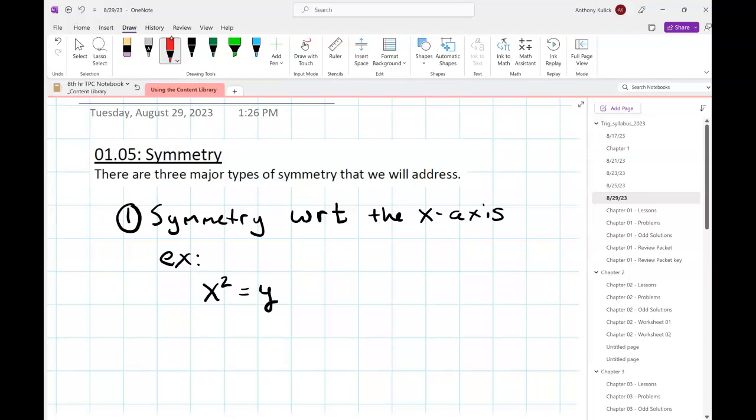As this is currently written, is this going to be easy for me to graph? No, right? Why not? What's going to make this hard to graph?